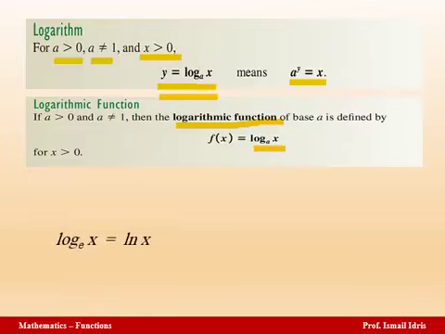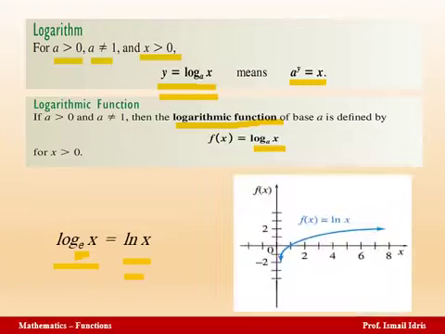I will tell you the graph, but first, if you consider e instead of a, if you take the natural number e, if you take the logarithmic function log x with the base e, this will be denoted by ln x, and it is called the natural logarithmic function. So what is ln x? Ln x is the logarithmic function log x, but with base e. The graph of this function looks like this one.